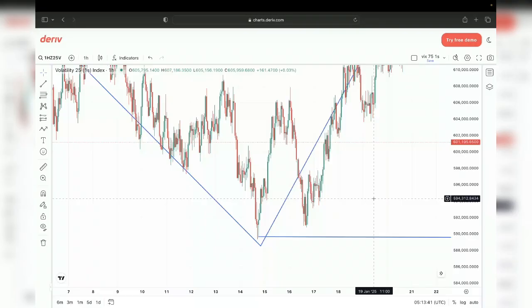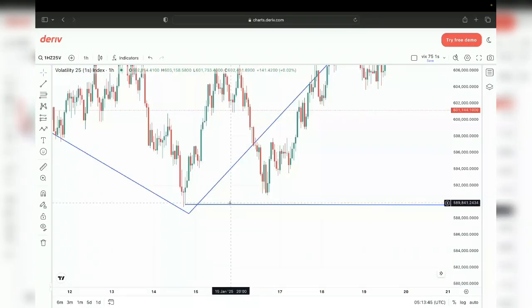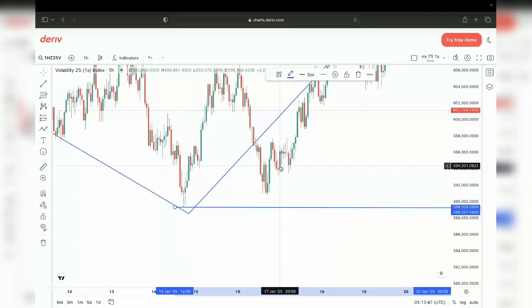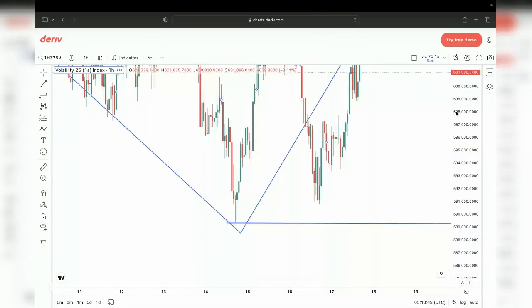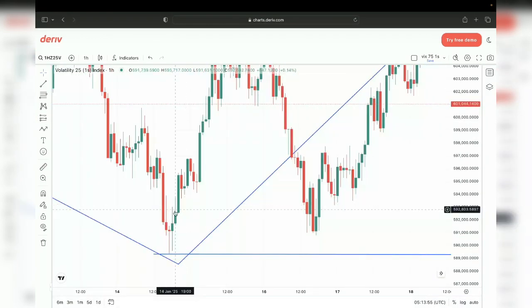This is an example of maybe almost a pullback candle, maybe. But not really, because it did not close above this. But let's just assume. This is a demand zone, though this demand has been mitigated by this candle.